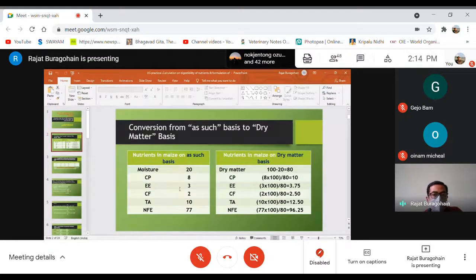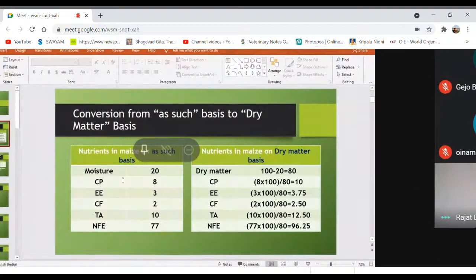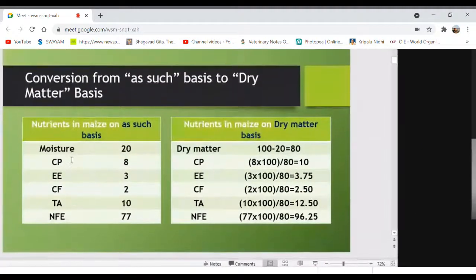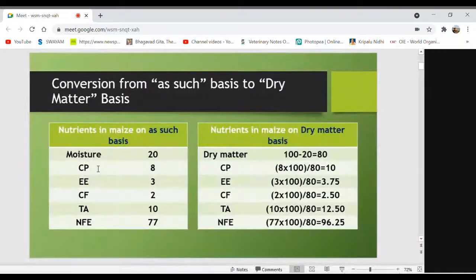You have to calculate it from these values: CP, ether extract, crude fiber, and total. I think there are two formulas. If it is on SS basis, there is one formula for calculation of NFE, nitrogen free extract of the feed. And if it is on diameter basis, there is another formula for calculation of NFE. Regarding that, I will not discuss. You just go through it. It will be there.